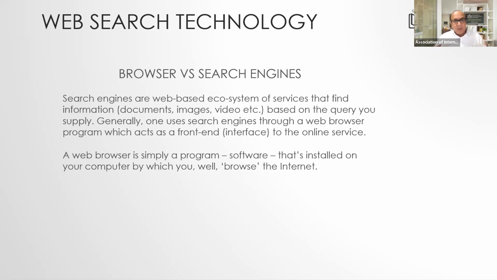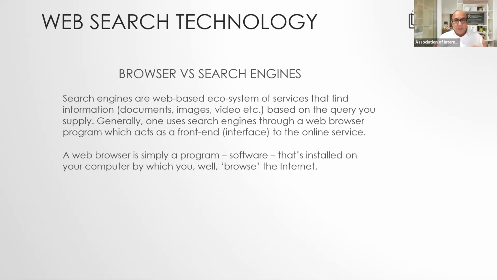So a search engine is a lot of networks that interconnect with each other, whereas a browser is a program that sits on your machine, something that you download and use as a means of connectivity or communication to connect with those search engines.